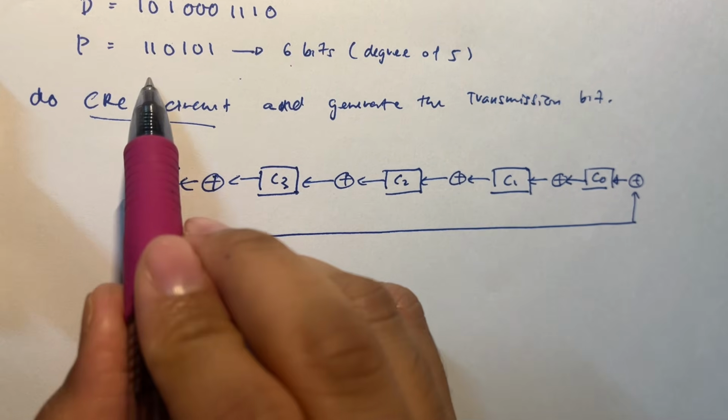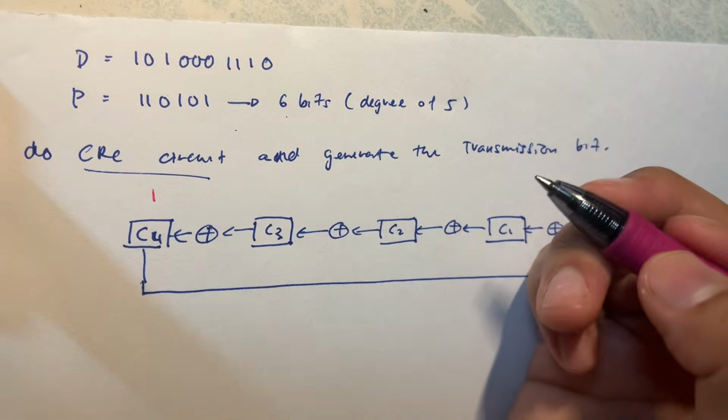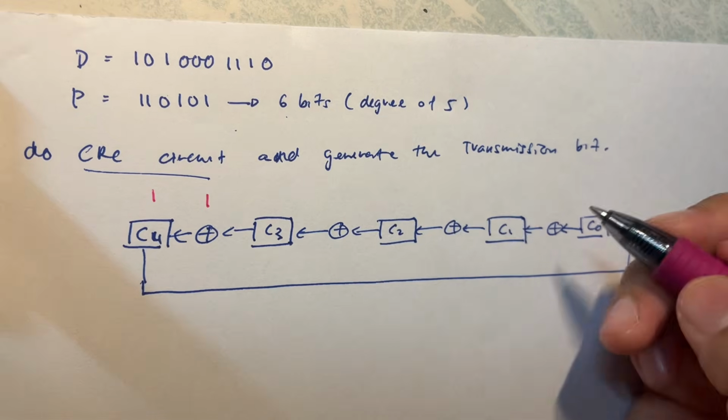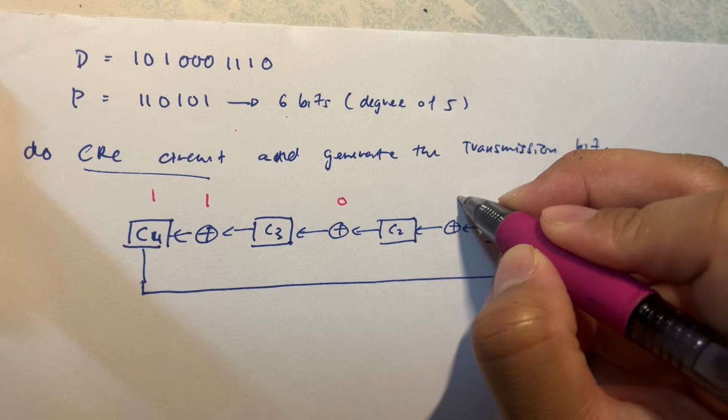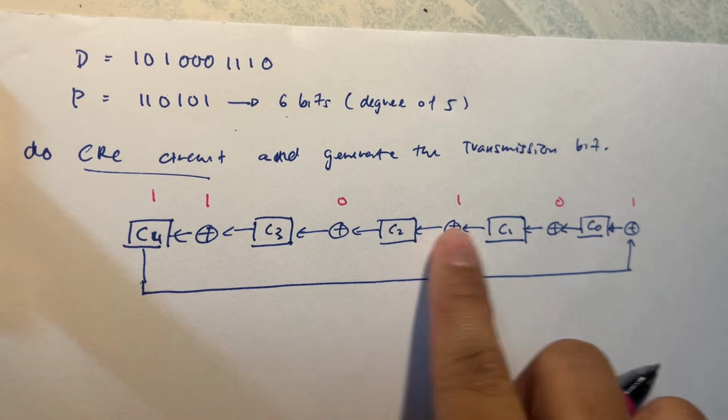You take the pattern P here and then you fill up on top of C4: 1 1 0 1 0 1.